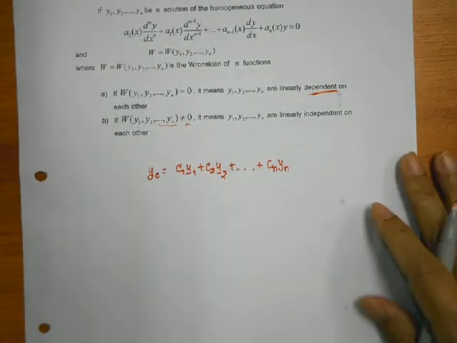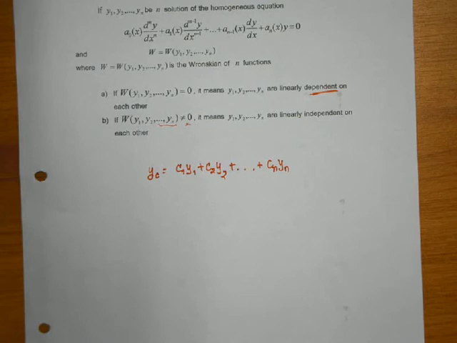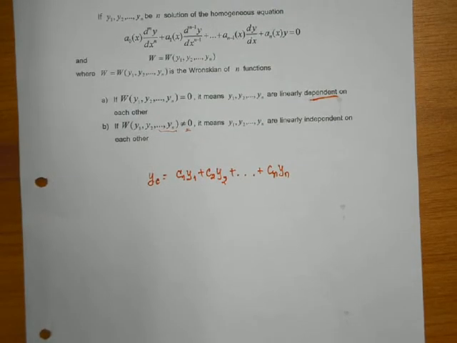That would be the way to get the answer for the nth order linear homogeneous differential equation. Any questions? Now you don't know how to find y yet, but you've got to understand the basic idea first.